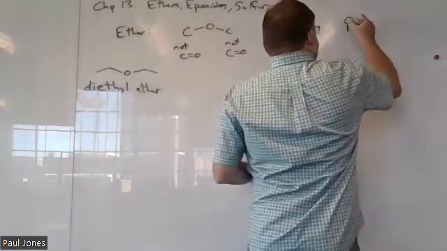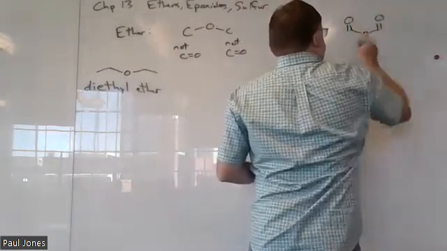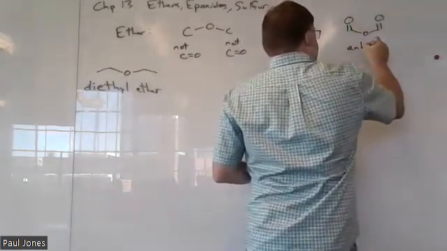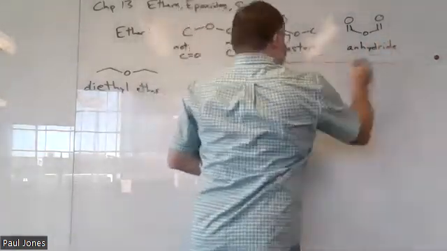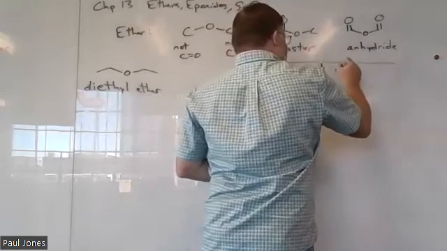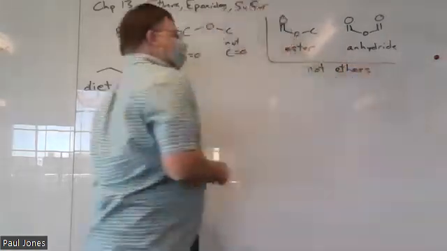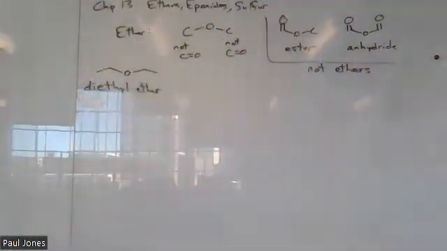A little easier is if they're both carbonyls. This is an anhydride. We'll talk about that in chapter 20. The important thing for this chapter is esters and anhydrides are not ethers. So the chemistry of an ester is very different than the chemistry of an ether. Chemistry of an anhydride is way, way different than an ether.